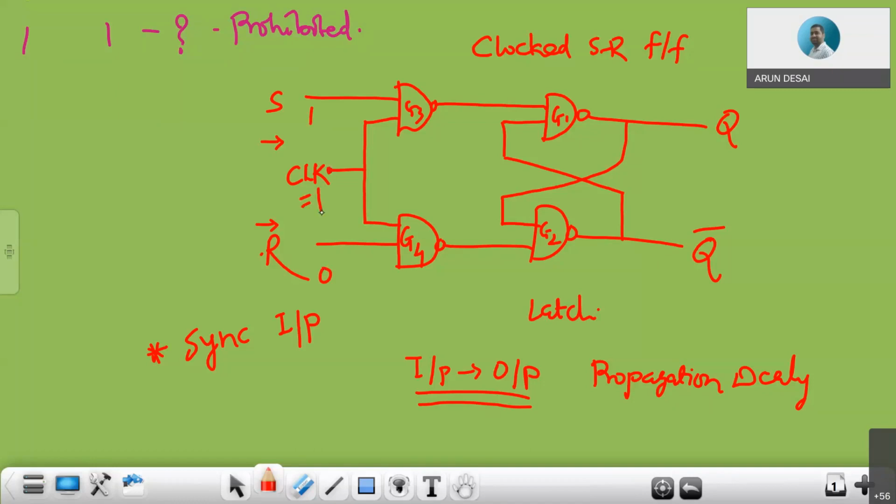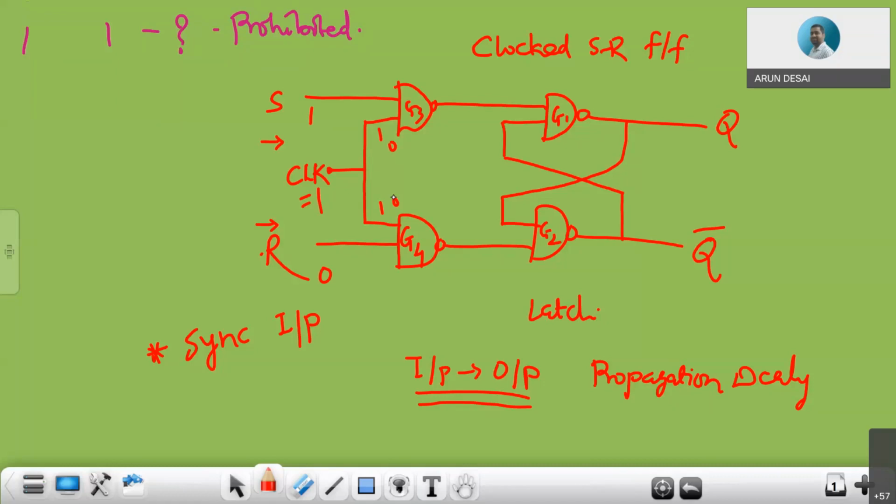If clock equal to 1, then only whatever is there on S and R is converted. Otherwise, if it is 0, it is not going to pass whatever is there inside S and R. So if the clock input is passed, at that moment only, whatever inputs are there inside S and R are converted to its output.